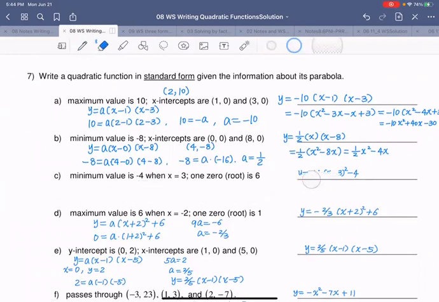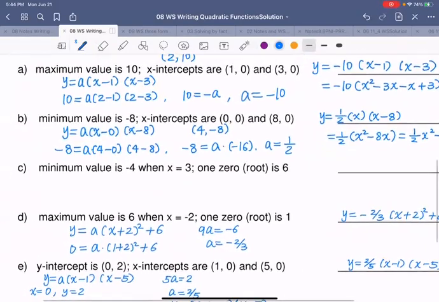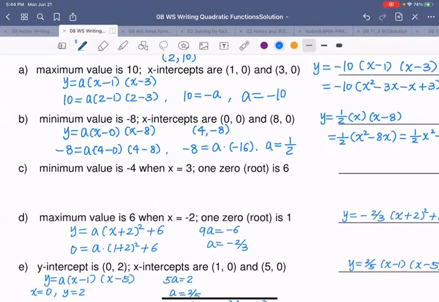Now, Yarong, let's do number C. What's the vertex?